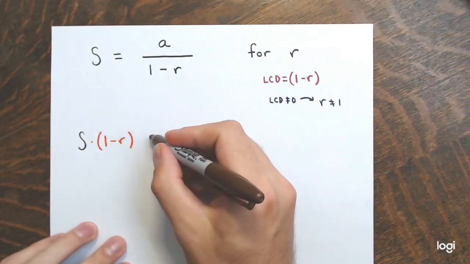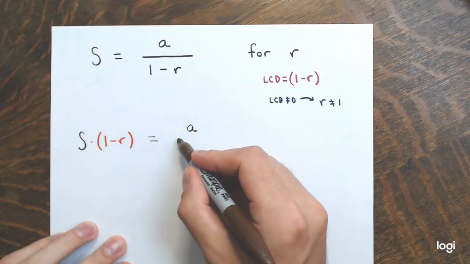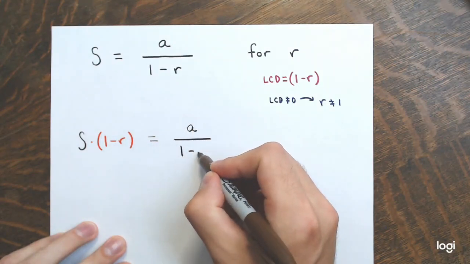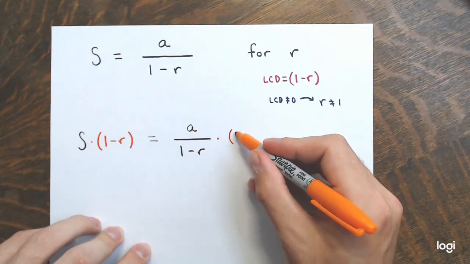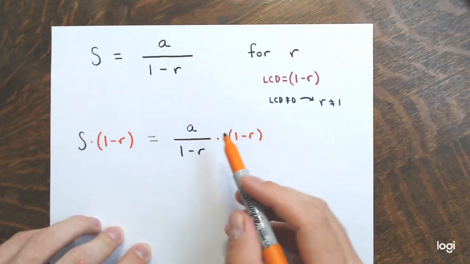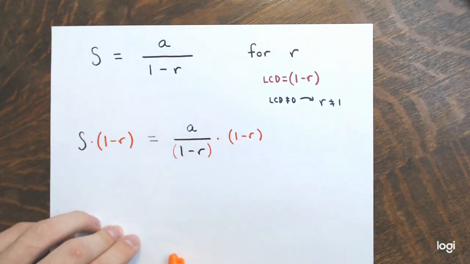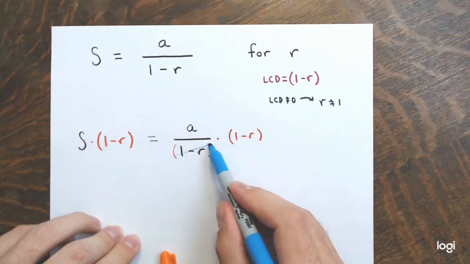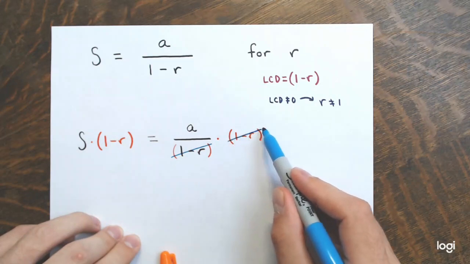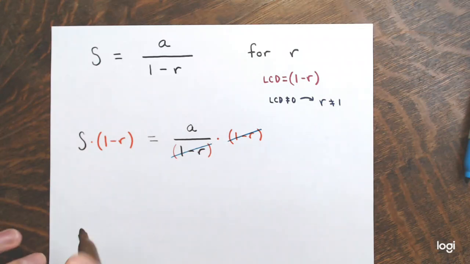And the same thing on the other side: you have a single fraction a over the 1 minus r, and that is getting multiplied by the factor 1 minus r. So you've got a factor of 1 minus r in the denominator and a factor of 1 minus r in the numerator now. Those would divide out to be 1. And so all I'm left with on the right side is the variable a.